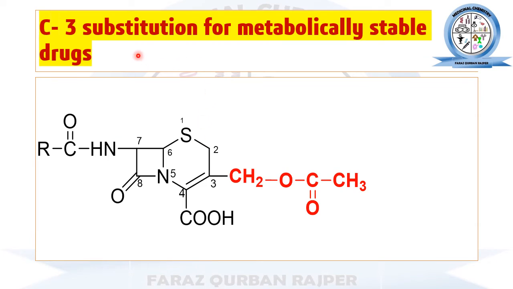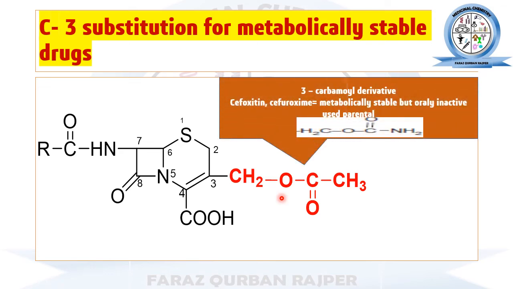Now let's discuss C3 substitution for conversion of cephalosporin to metabolically stable drugs, meaning derivatives that are resistant to being cleaved by the esterase enzyme or by acid hydrolysis. First of all, we can convert the cephalosporin to a metabolically stable derivative by substituting the C3 acetoxy functional group with the 3-carbamoyl functional group.